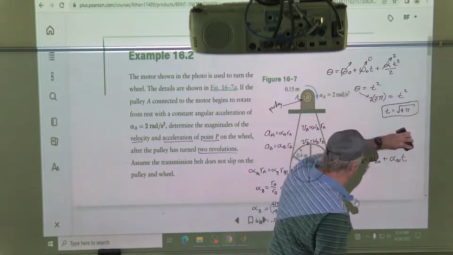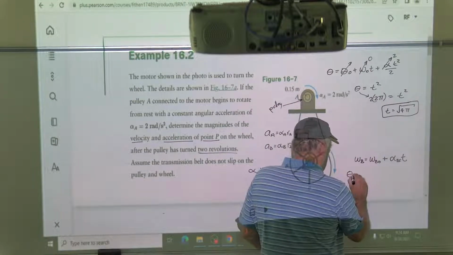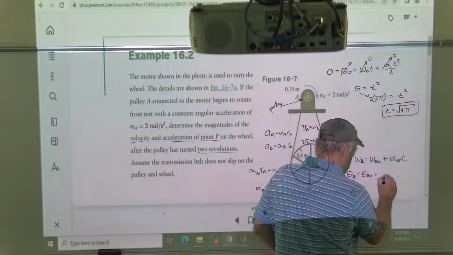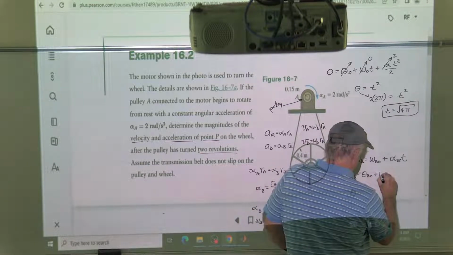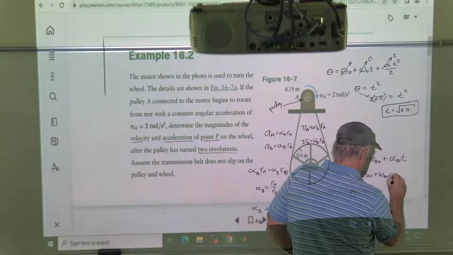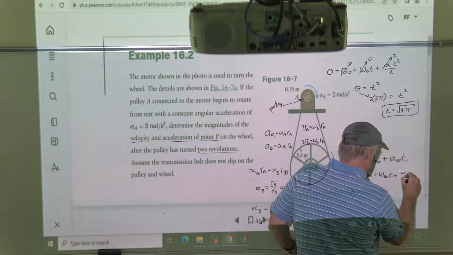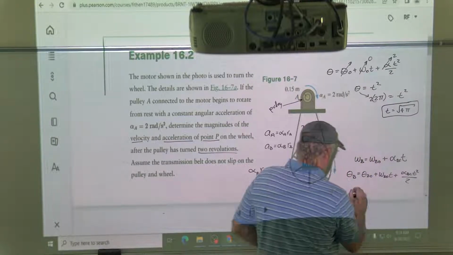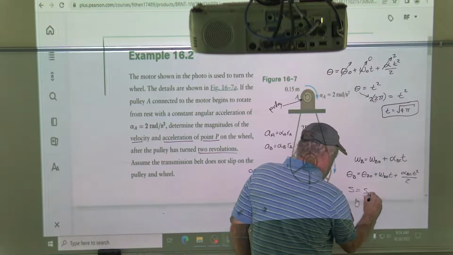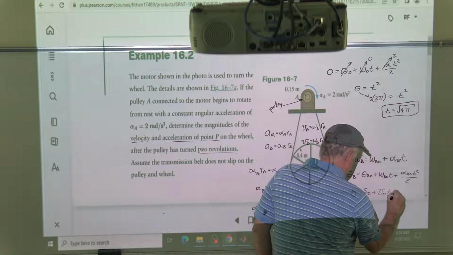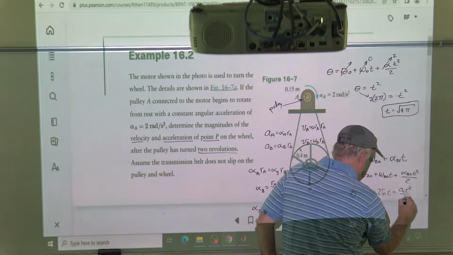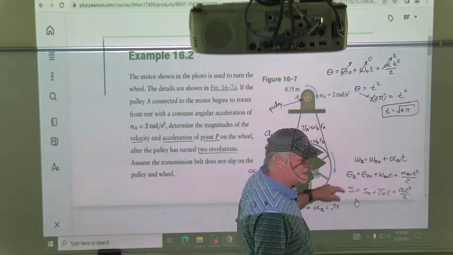And then I'm going to mimic the next one, which is omega b naught t plus alpha b constant t squared over 2. Here I'm mimicking s is equal to s naught plus v naught t plus acceleration constant t squared over 2. I'm replacing.